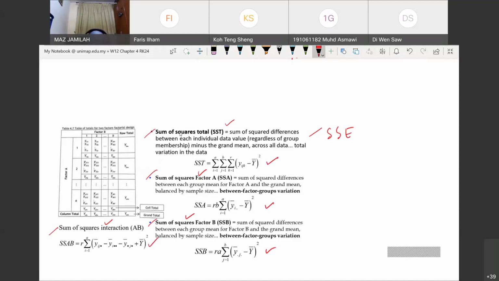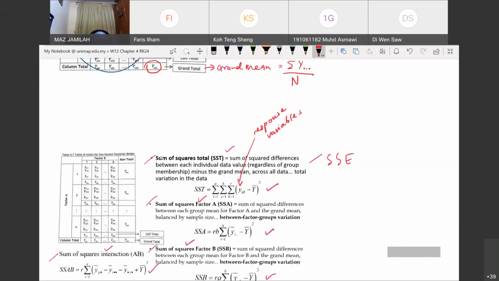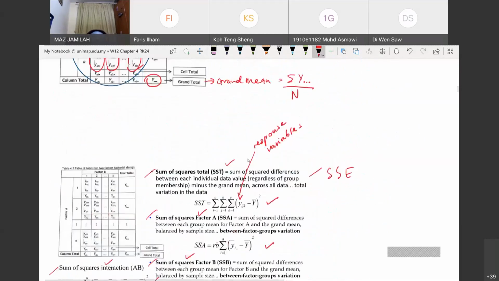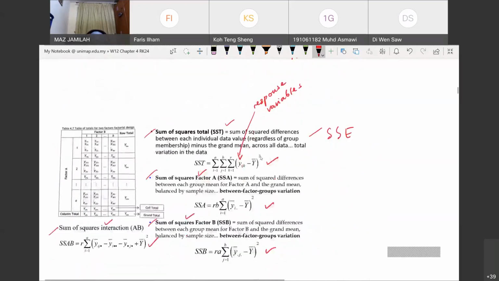Now you should know that Yij is your response variable, the response variable given in your table. And this is your grand mean.